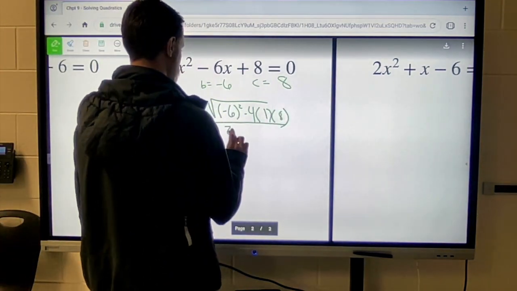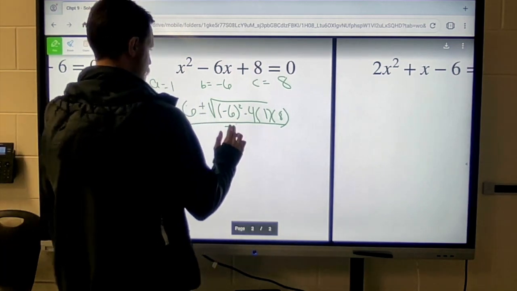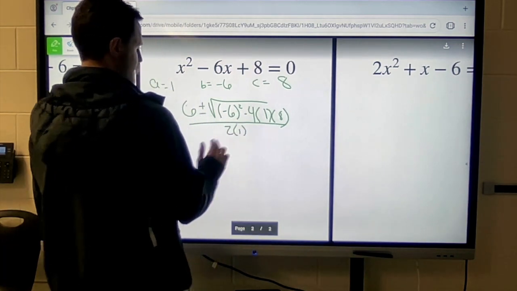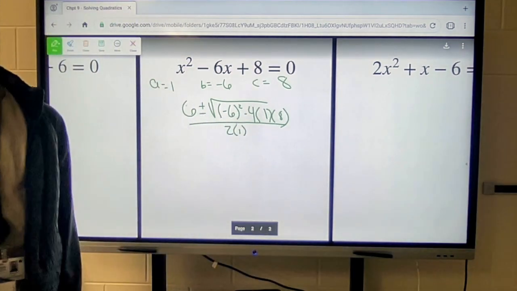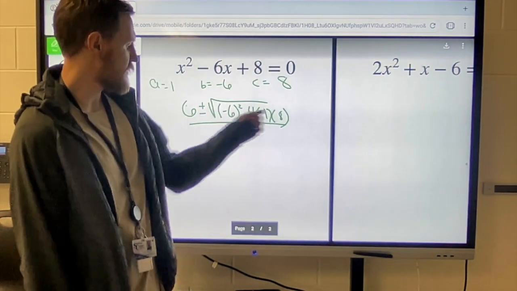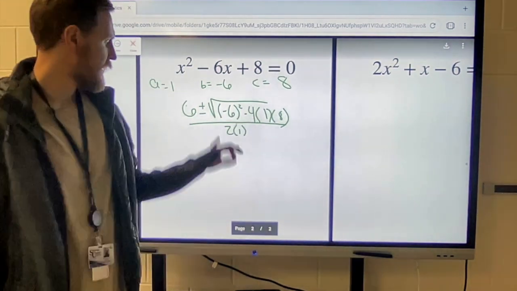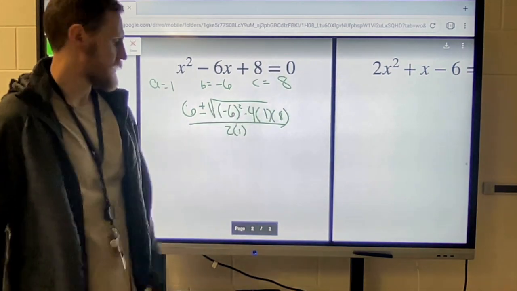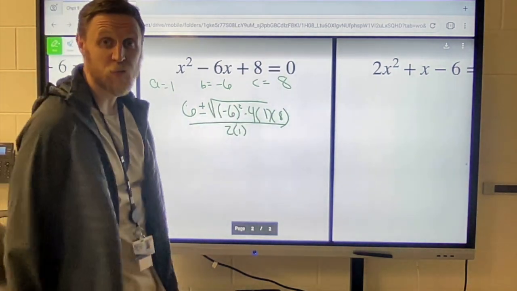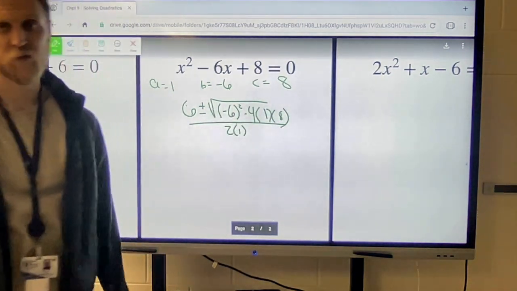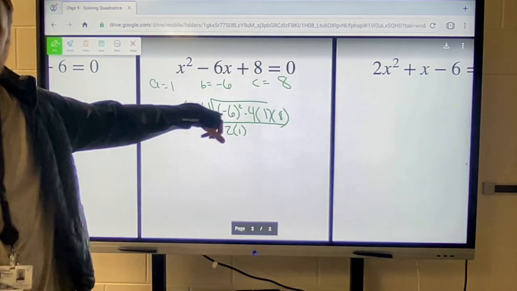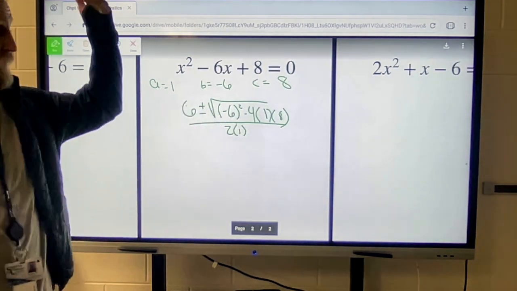All divided by 2 times the A value, which in this case is 1. Neat. So what I would recommend from here is just go ahead and simplify the stuff that's underneath the square root. So type that into your calculator. Just make sure you put that first one in parentheses or else it's going to get all messed up.